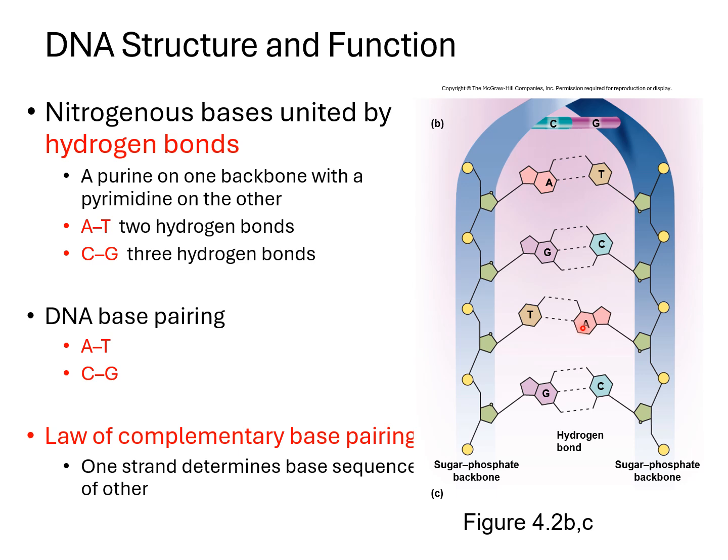So if you had 25% A's and 25% G's, what would be the rest? Well, if you have 25 of that, you have 25 of T, and 25 of C's, because A is always going to go to T, and C is always going to go to G.